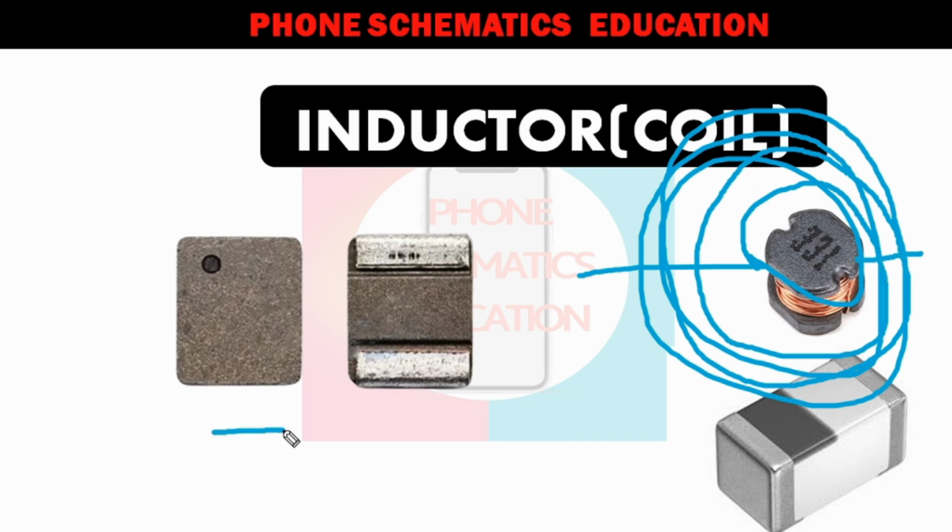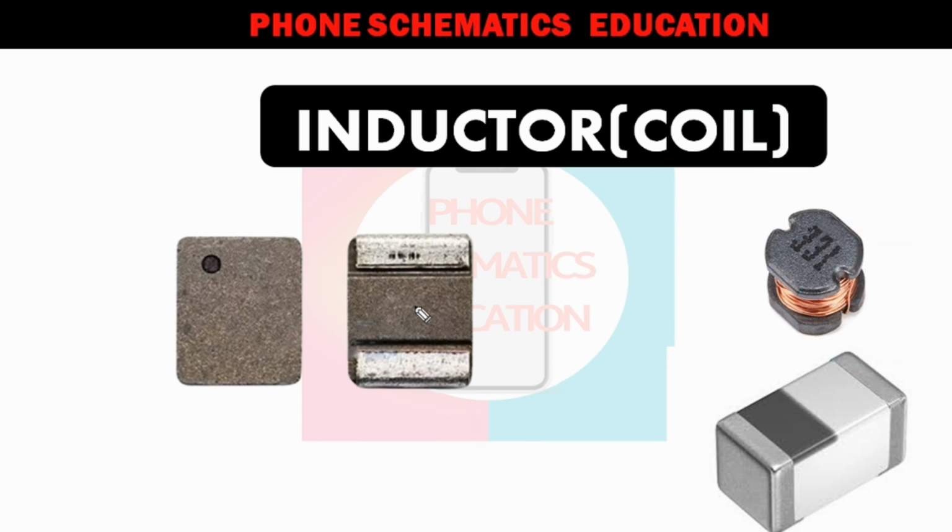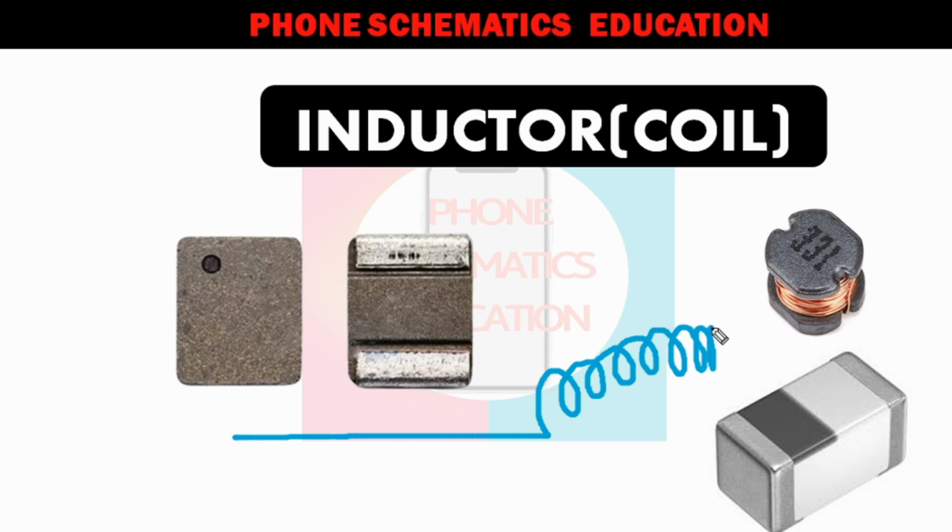It's used to maintain the current ampere, right? Now how is this inductor made? A plain copper wire. An inductor is made with a plain copper wire. When you turn it around, or you can say when this coil wraps around a core material like this, and this copper wire has insulation, this is an insulated wire.